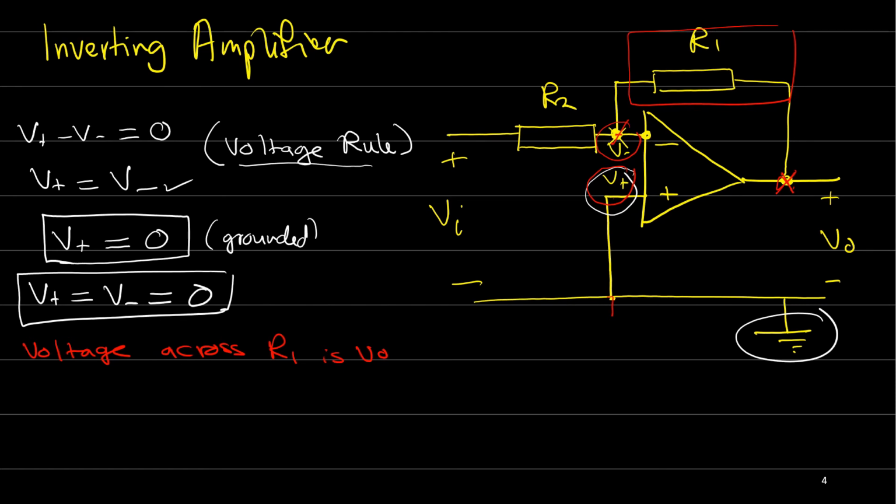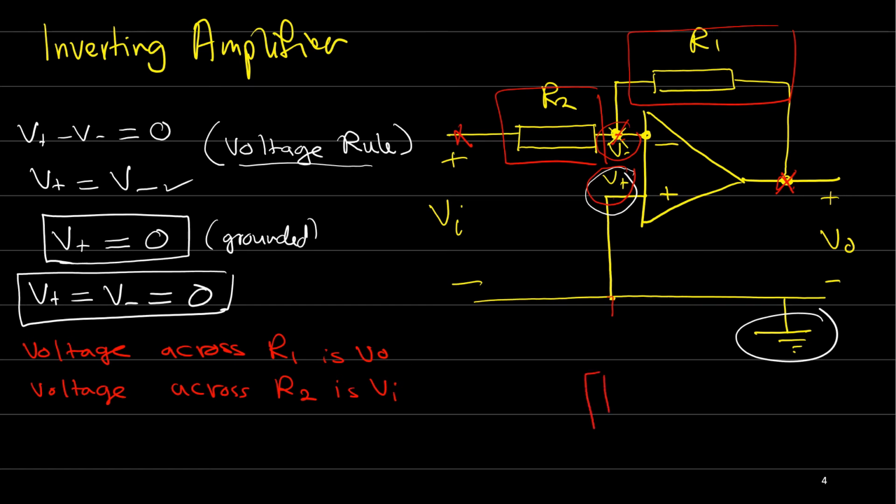And the voltage across R2 is V in. Why? Because from here to here, this is grounded, so the voltage is V input.